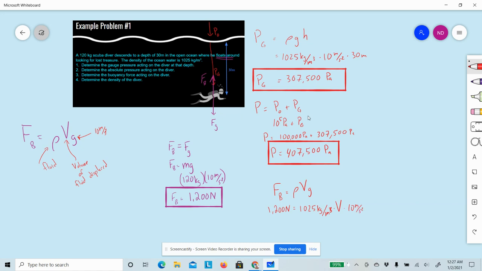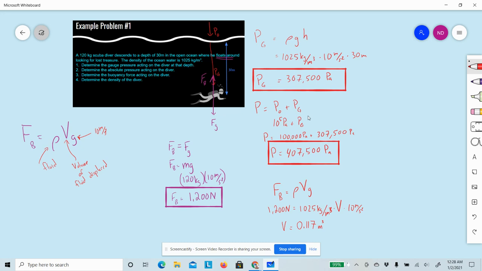So we take our 1,200, divide that by 1,025 times 10. The volume of our man is 0.117 cubic meters.